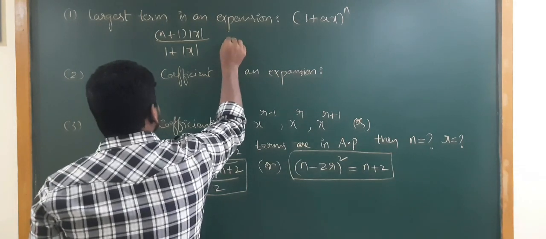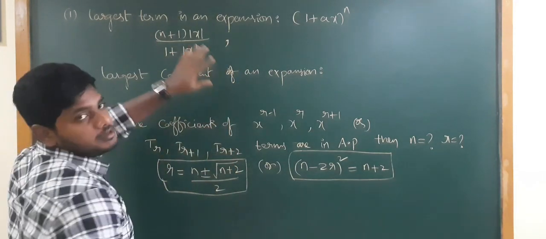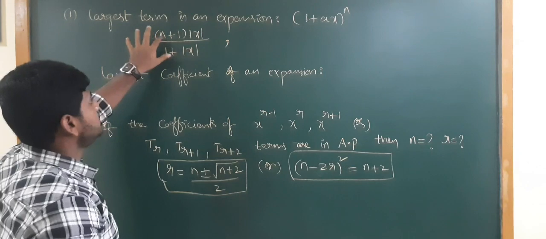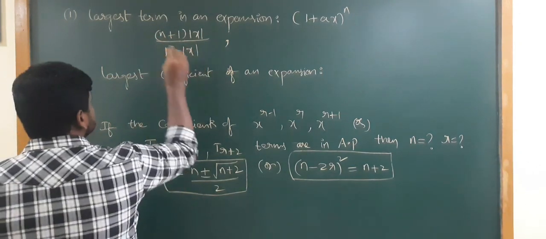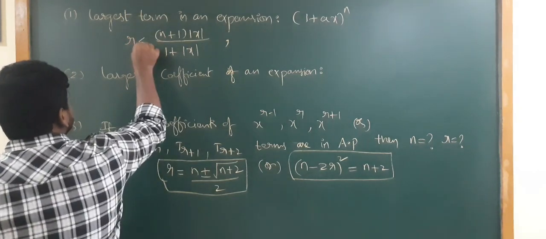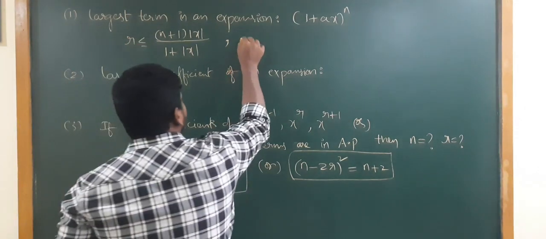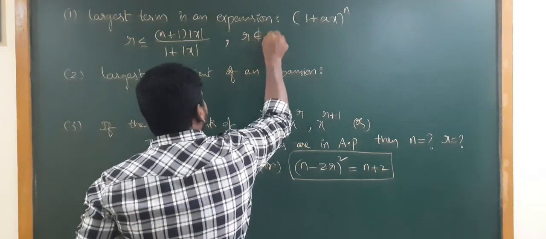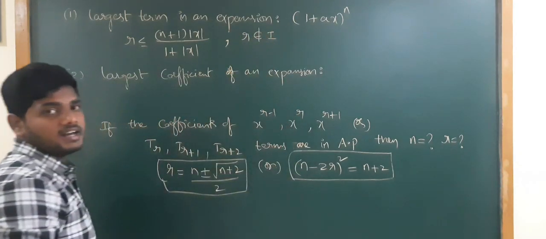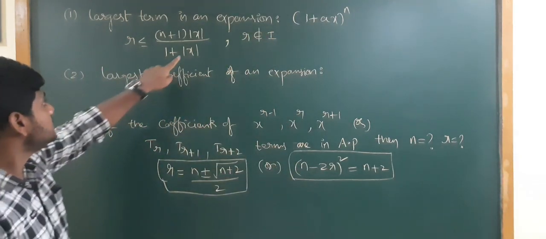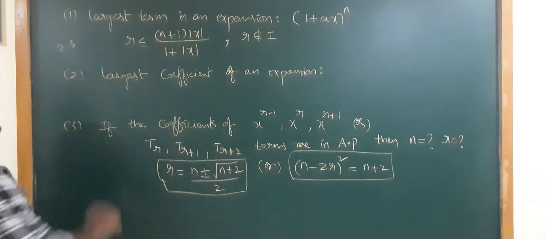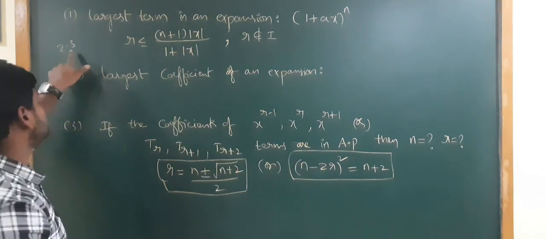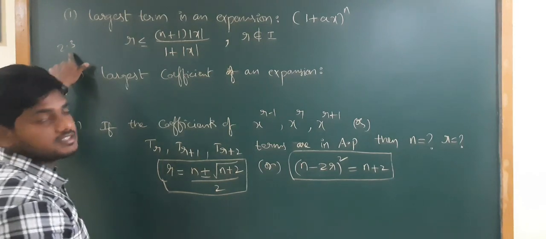After simplifying, all these will be values now. Here n is also an integer. After simplifying, for example, if we represent this with r, and r does not belong to the integers, for example if we got 2.3, this is in decimal, so it is not an integer.